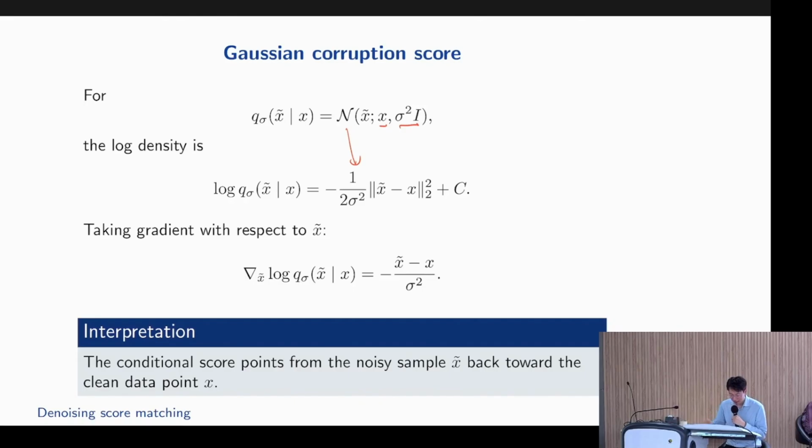If we take the gradient with respect to x tilde, everything vanishes except negative the difference over sigma squared. So this conditional score points from the noisy sample x tilde back towards the clean data x. What I mean by conditional score is this guy here.